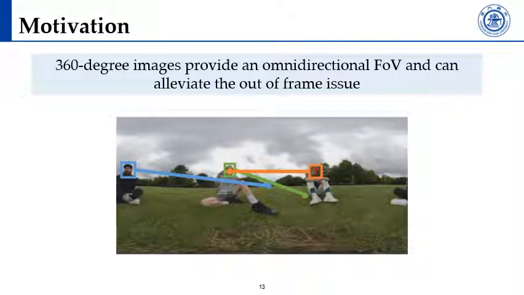So remember that we claimed that there's an out-of-frame issue in gaze detection in 2D images because a 2D image has a limited field of view. 360-degree images provide an omnidirectional field of view and can alleviate the out-of-frame issue. So we try to do gaze target detection in 360-degree images.